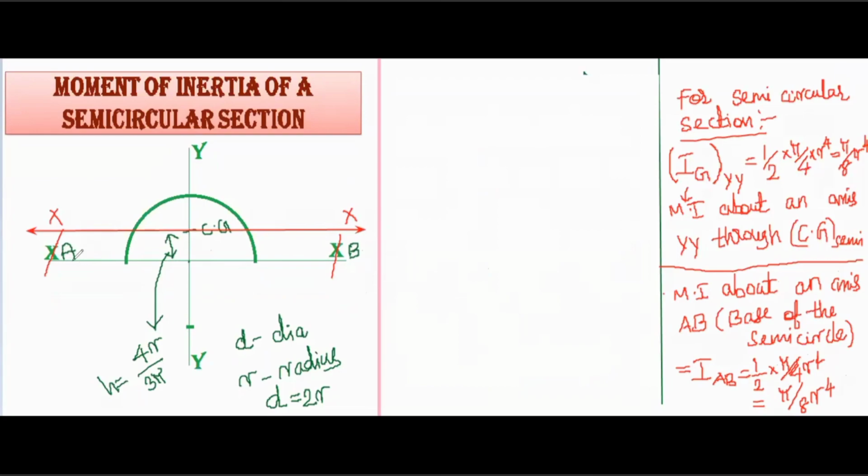So the moment of inertia with respect to this axis AB we know, and we have to calculate the moment of inertia about an axis XX that passes through the center of gravity of the semicircular section.